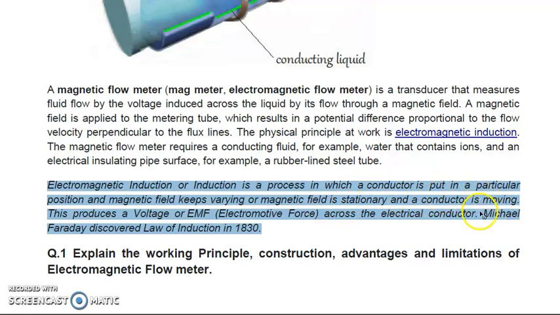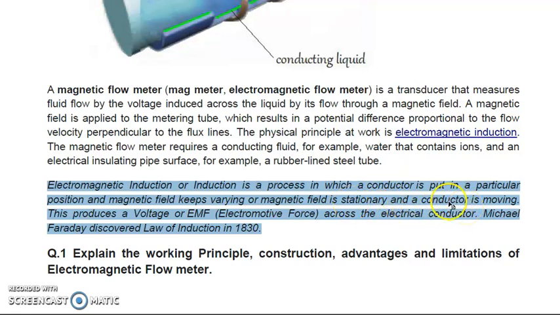So in both the conditions, there is a concept of one conductor and one magnet. If conductor is at standstill position, so magnet should vary its position so that magnetic field will vary. And in other condition, if magnetic field is stationary, then conductor should vary.